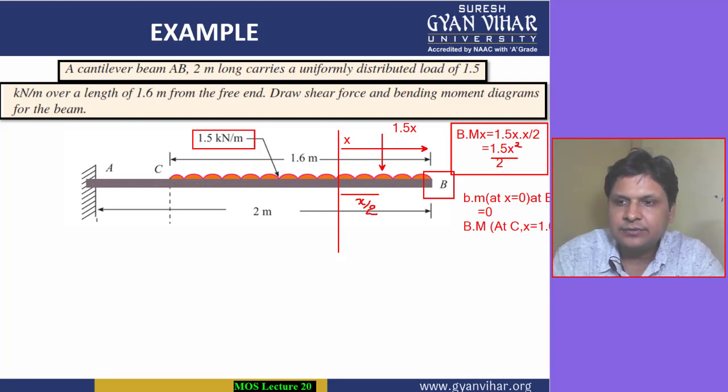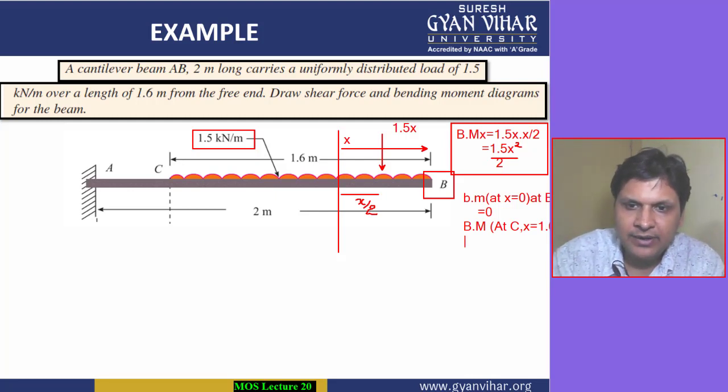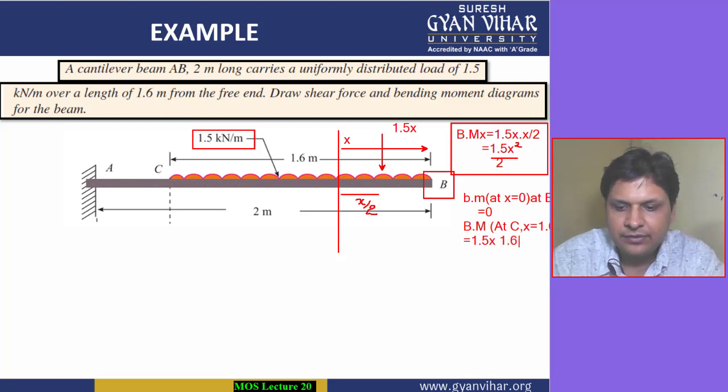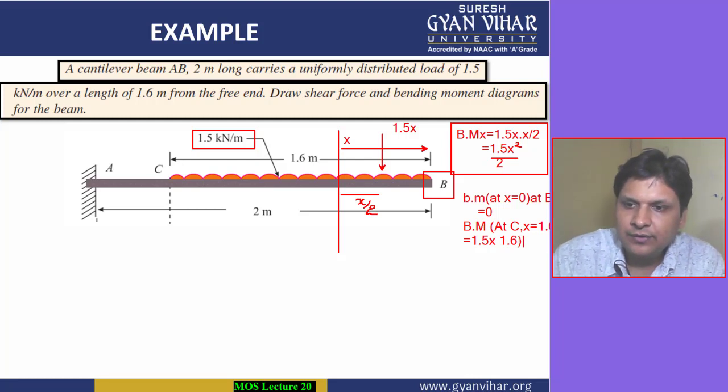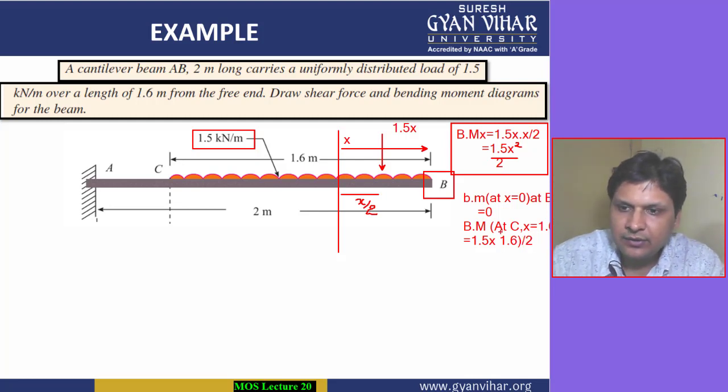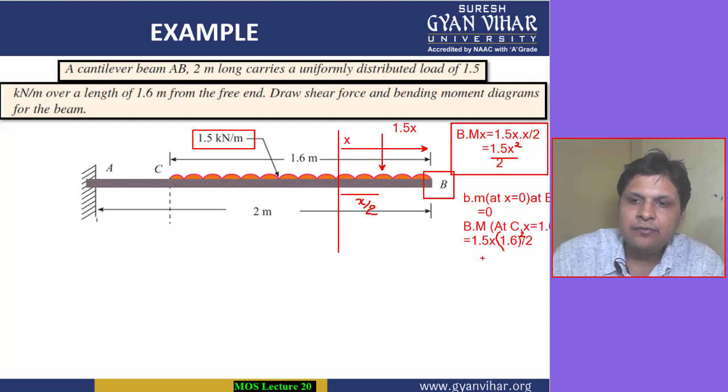So using this length, the bending moment at C will be equal to, you put the value of x as 1.6, so 1.5 into 1.6 whole square, divided by 2. You will take the whole square here in this way. So it will give you the value of bending moment at C.